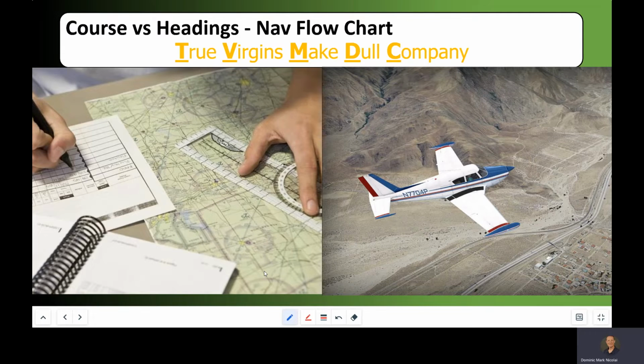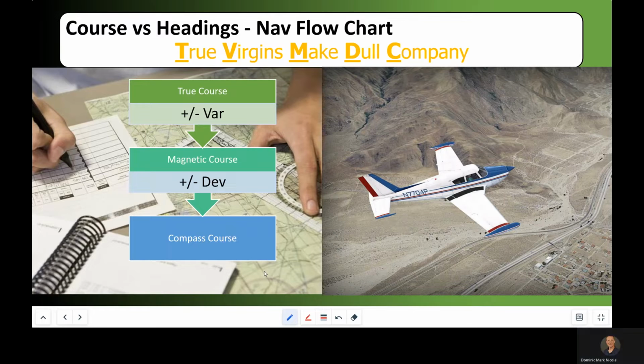So the letters there help us understand how we flow through the navigation log. And it's kind of split into two parts. As you can see there, there's the on-the-ground planning part, and then there's the in-the-air flying part. And when you're on the ground, we always start with getting out the plotter, drawing that line between two points, and coming up with the true course. Okay?